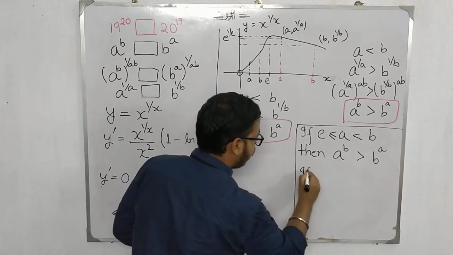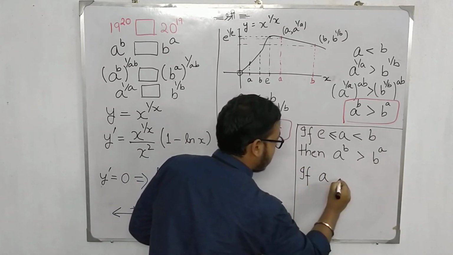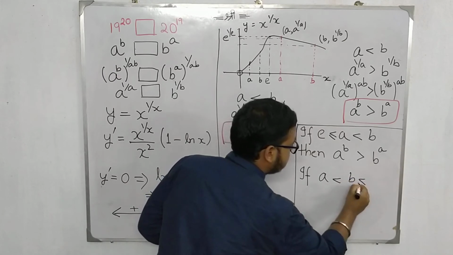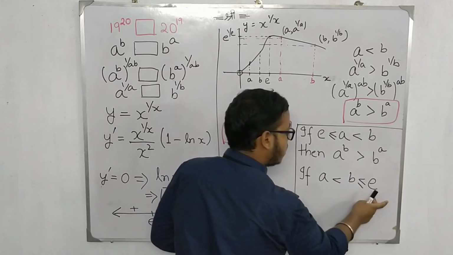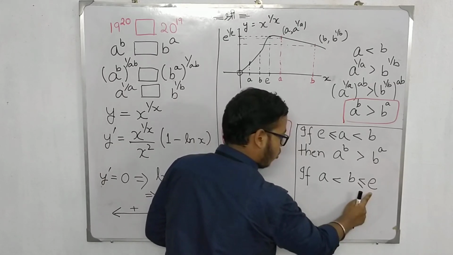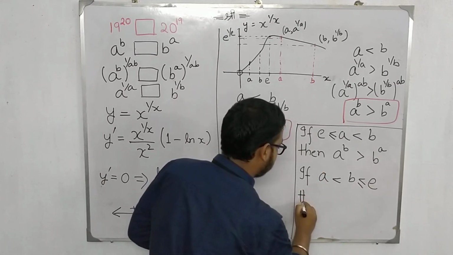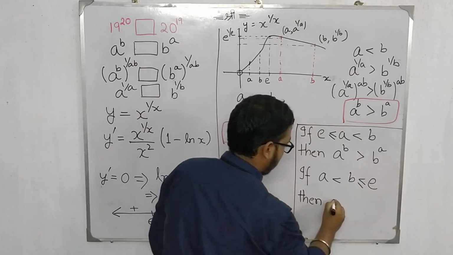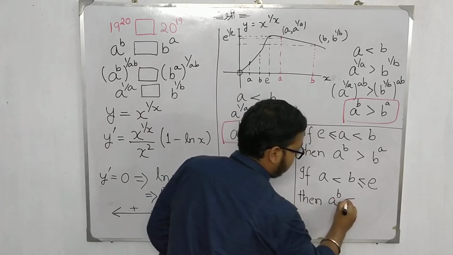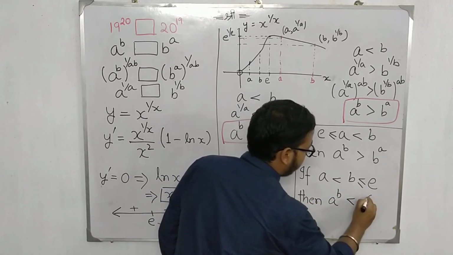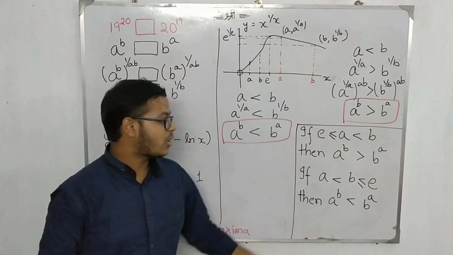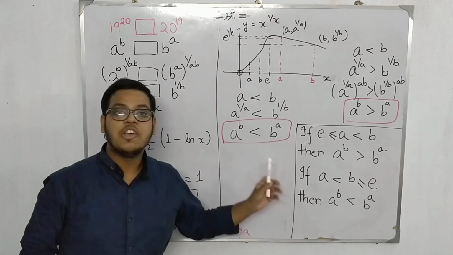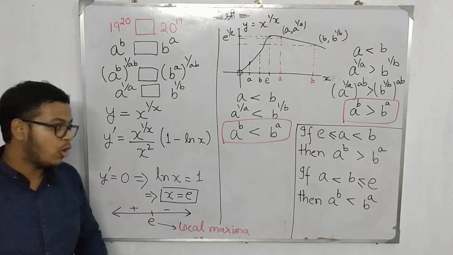And point number 2, if a is less than b, which is less than or equal to e, that means a and b both are smaller than e, but b can also be equal to e, in that case a to the power b will be less than b to the power a. So this is a very simple trick, and just by looking at the numbers you can calculate which one is bigger and which one is smaller.